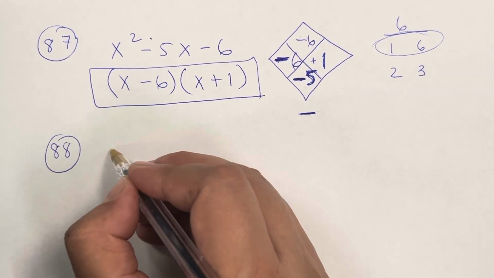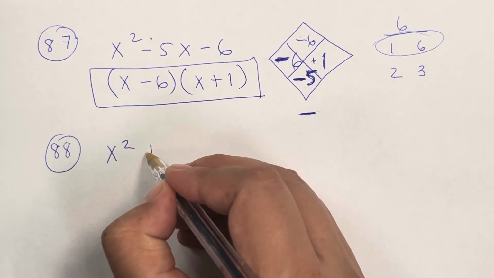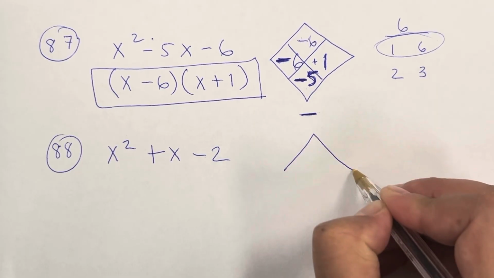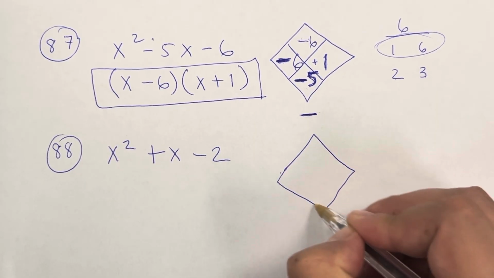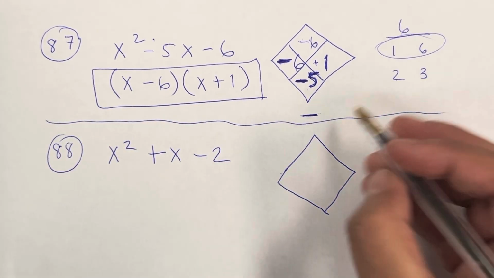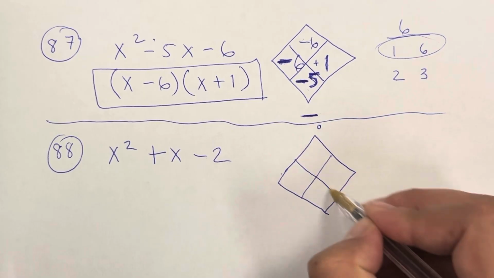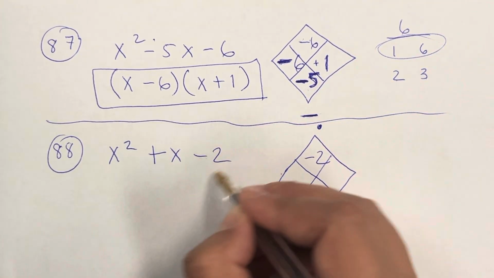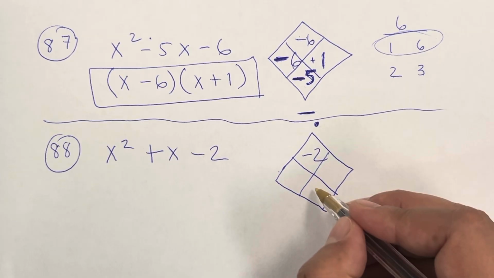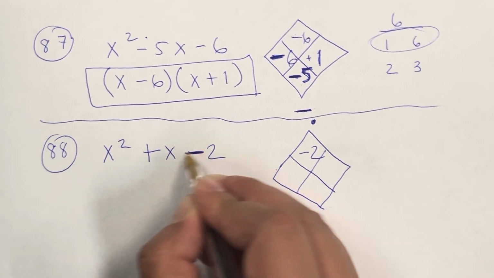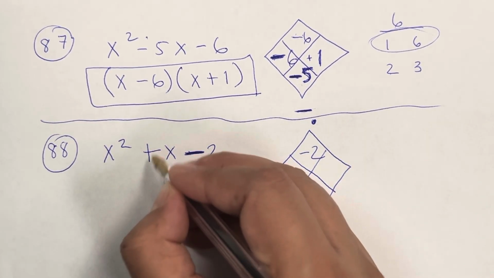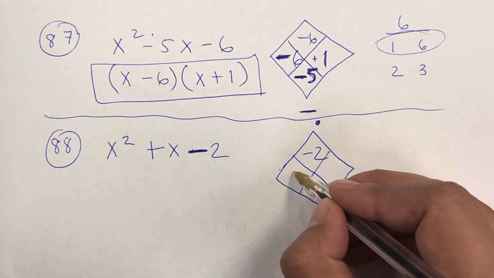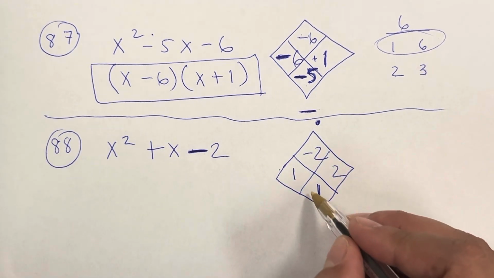88. Okay. Two numbers multiplied equals negative 2, and subtracted gives me positive 1. Well, the factors of 2 is only 1 times 2. This is positive.